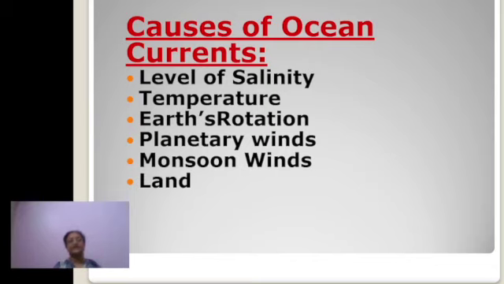Always the ocean currents or the winds which blow in the northern hemisphere take a right direction. They get deflected towards their right, or the other way we can say that they start moving in a clockwise direction in the northern hemisphere.